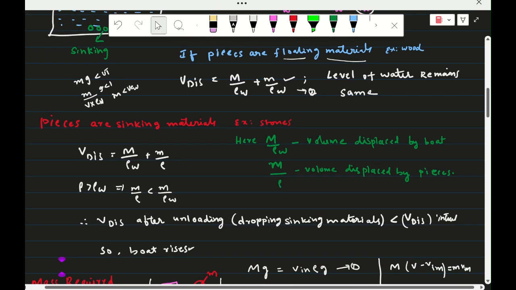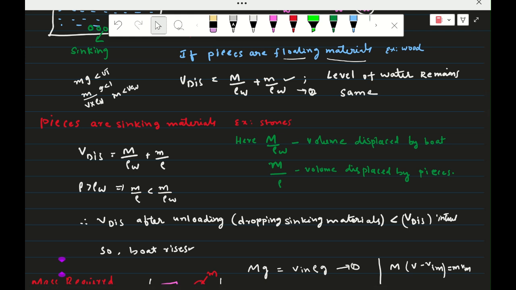So now pieces are sinking material. In the place of a boat, some other wood material you consider in a bigger experiment, right? In a river you cannot tell that much level rise. So there is no change in the level of sinking of the boat. So now when pieces are sinking material, I have taken sinking material.